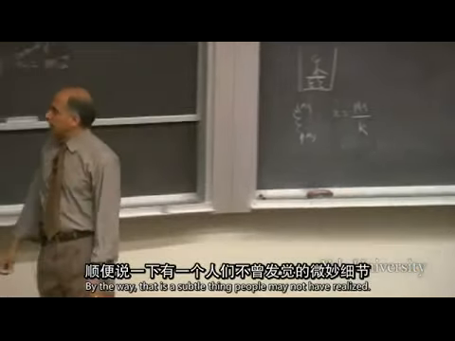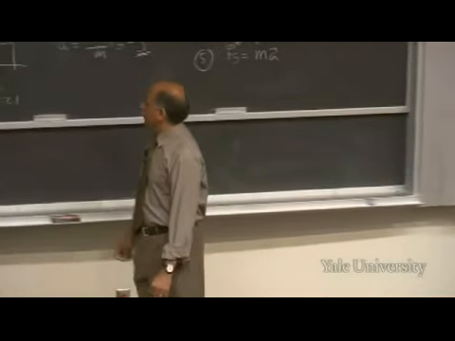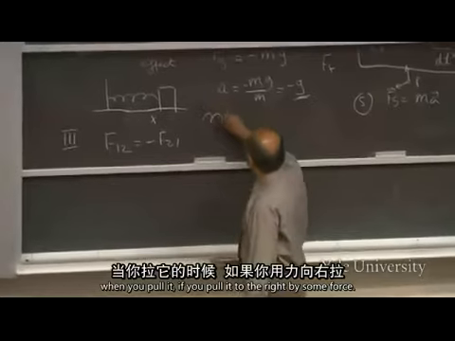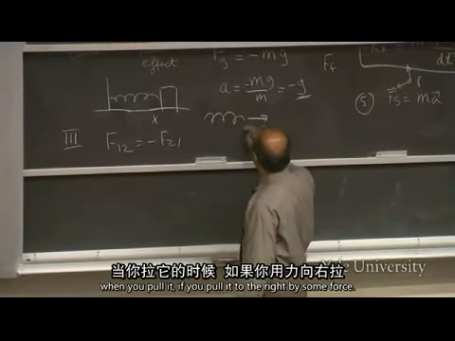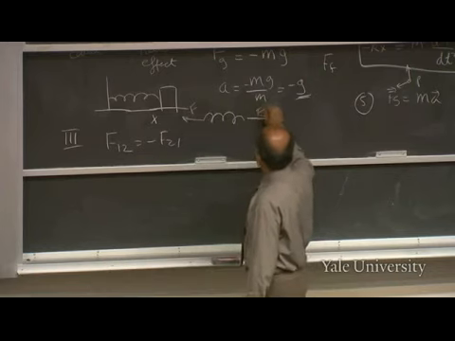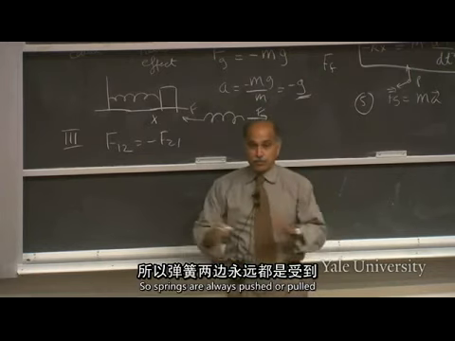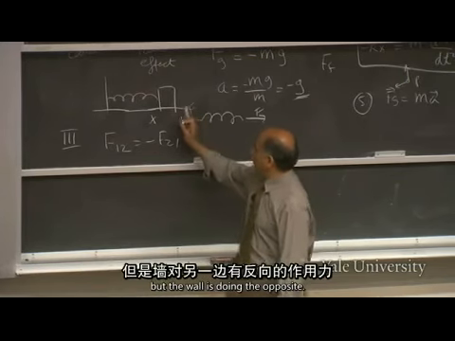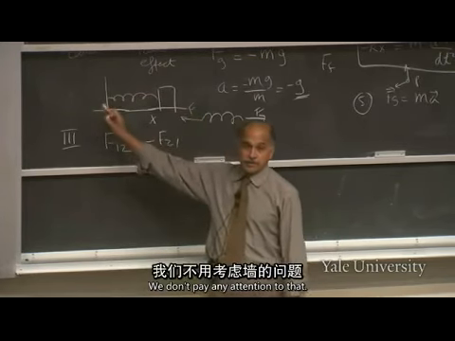By the way, that's a subtle thing people may not have realized. Even in the case of this spring, when you pull it to the right by some force, remember the wall is pulling to the left with the same force. So springs are always pushed or pulled on either side with the same force. We focus on one because we are paying for it, but the wall is doing the opposite. We don't pay any attention to that.